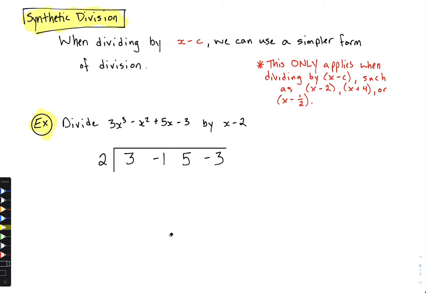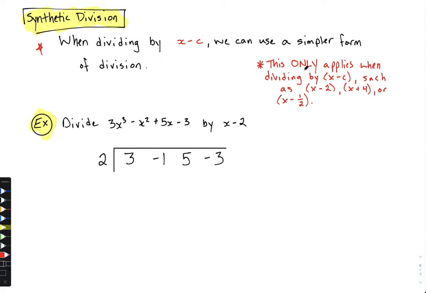Synthetic division is actually a lot more straightforward than long division, but it is only useful in certain places. The most important thing is that we can use synthetic division only when we are dividing by something as nice and clean as x minus a constant.